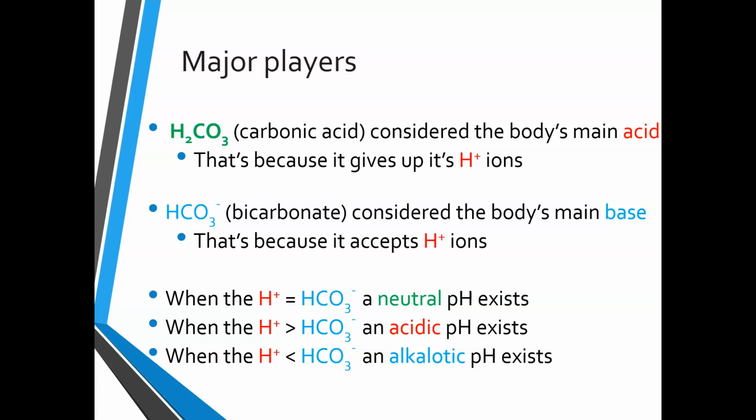So when the hydrogen ions are equal to the number of bicarbonate, typically a neutral pH exists. When there are more hydrogen ions than bicarbonate, an acidic pH exists. And when hydrogen ions are less than the number of bicarbonate ions, an alkaline pH exists.